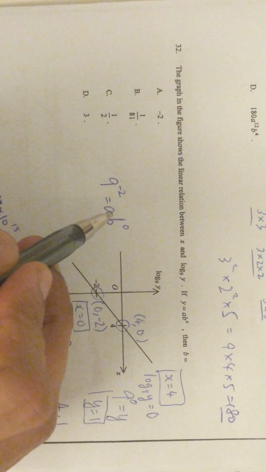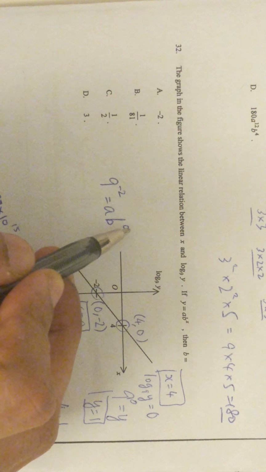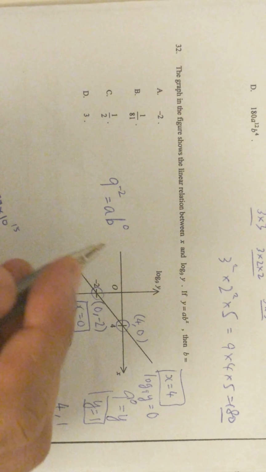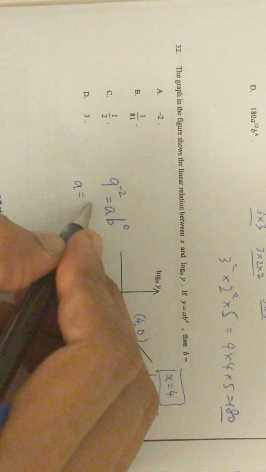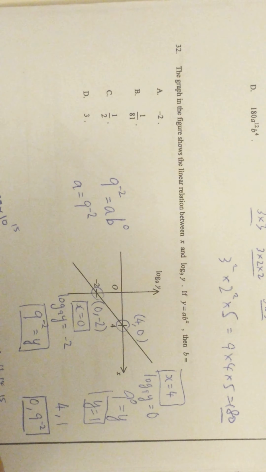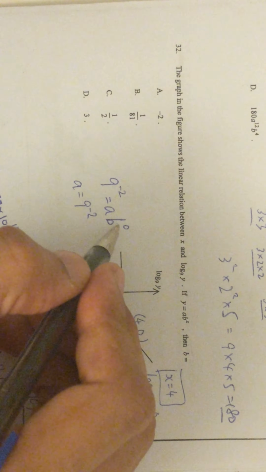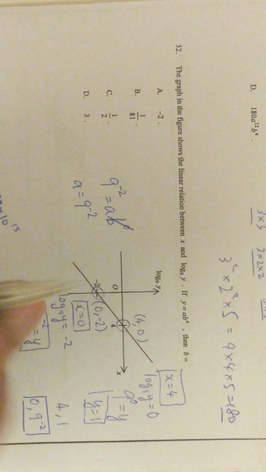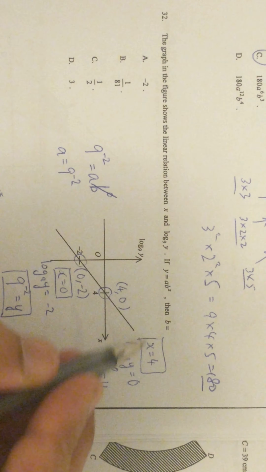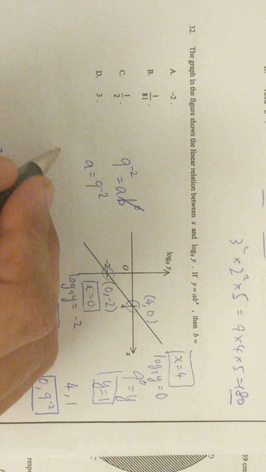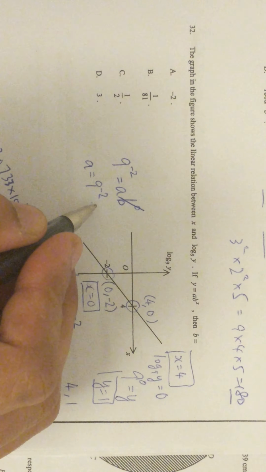So can you notice what this is? It is b to the power of 0, and b to the power of 0 is 1. So basically a is 9 to the power of negative 2, because b to the power of 0 is 1, and 1 times a is just a.